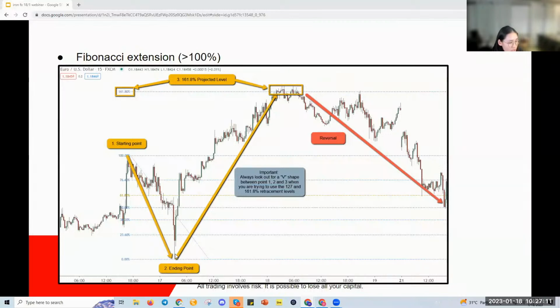When you use this trend line, it gave us a 161.8 projected level. So we are expecting it to rise to this level and reverse off of it. 127 would be perhaps in between here. So you might want to wait for price to break through the 127 level before going in for this trade at 161.8.